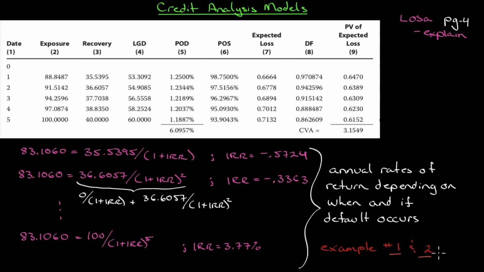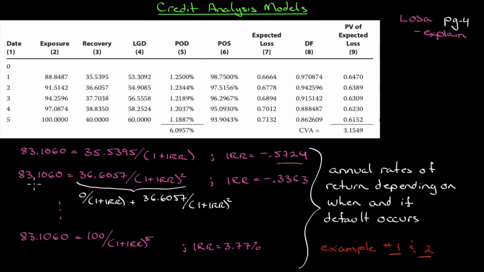Here what we're doing is calculating a whole bunch of internal rates of return, and the internal rate of return is nothing more than the yield to maturity, assuming a default at the end of each particular period. So if there was a default after the first period, we paid 83.1060 for the bond. Our recovery is going to be 35.5395. Divide that by 1 plus IRR, solve, negative 57.24%.